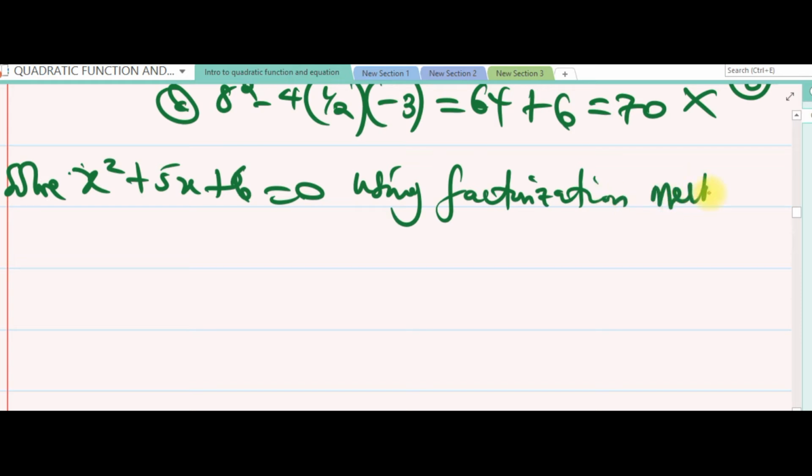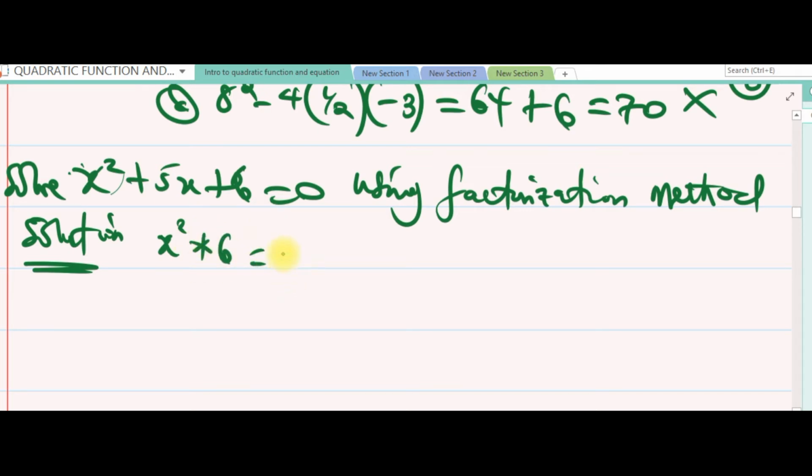The target, we just focus on the coefficient of x squared and the constant. So we'll find the product: x squared times the constant 6, which is 6x squared. We now find two factors of this 6x squared such that the sum will result in the middle term.